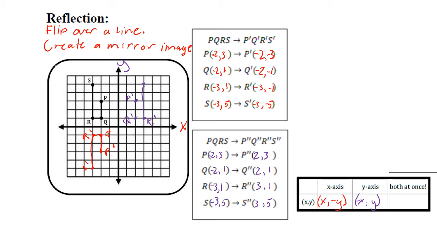That's S prime. And I'm just drawing in my shape, and there we have it. You can assume if we do both at once, they will both negate. So based on our previous two examples, we don't have to do this third one. They're both going to be the opposite sign if we did them both at one time.